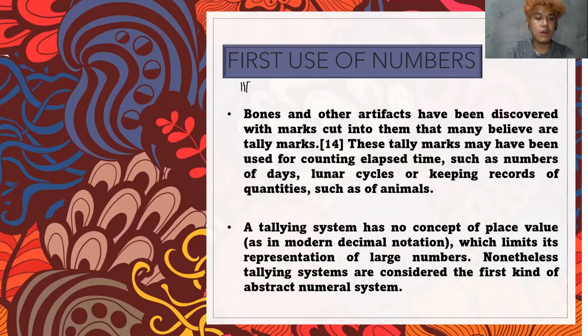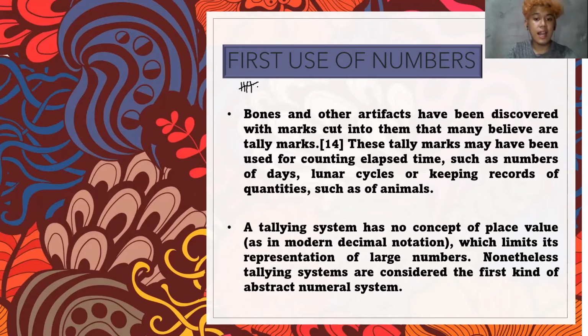So they scratched the bones and used tally marks to count the elapsed time, the number of days, the lunar cycles, and keep records of any quantities that they wanted to record. So our ancestors used tally marks as their numerals or numbers.